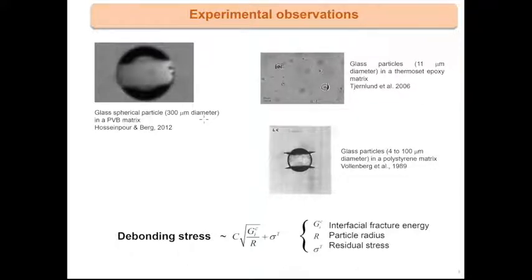Most of the time you have to make a choice for the size of the debonding zone. So we would like to investigate this problem with a coupled criterion, and I will describe the whole procedure.